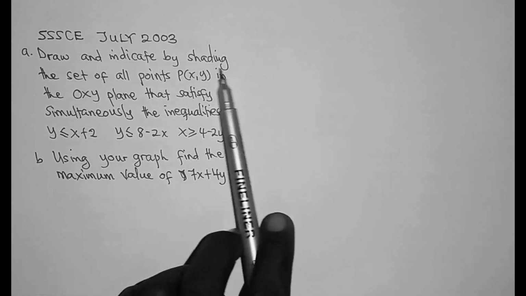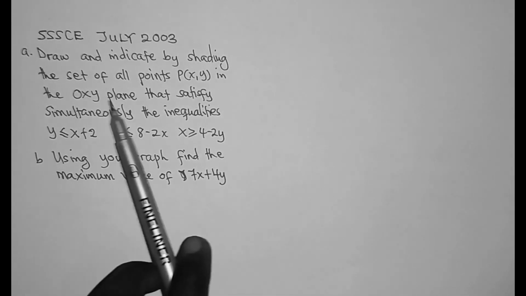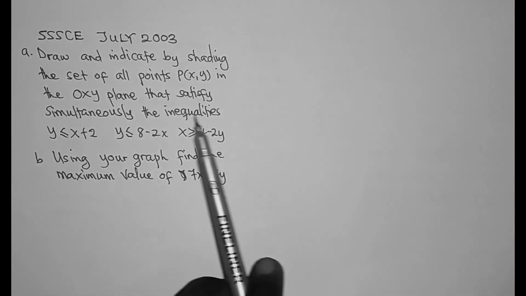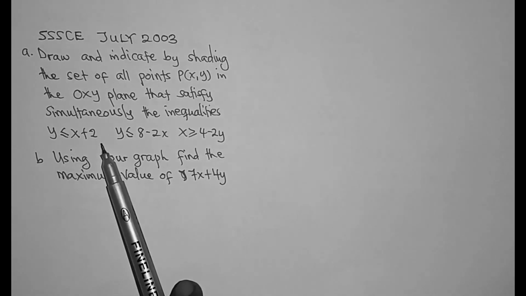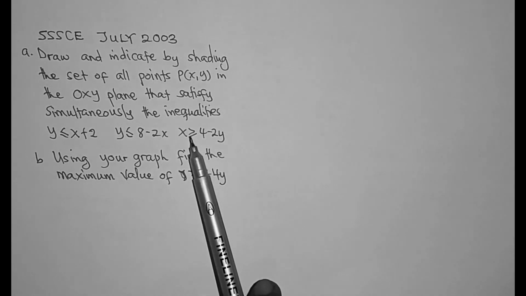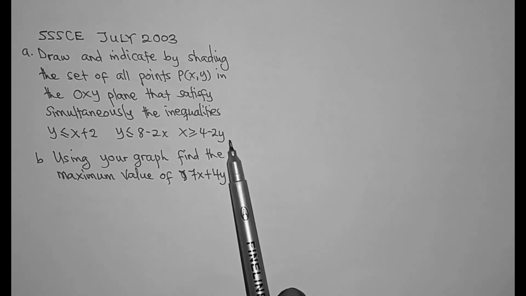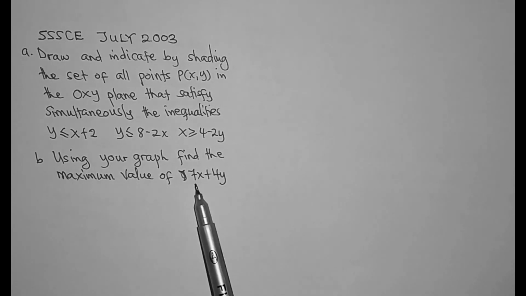Draw and indicate by shading the set of all points P of xy in the OXY plane which satisfies simultaneously the inequalities y is less than or equal to x plus 2, y is less than or equal to 8 minus 2x, y is greater than or equal to 4 minus 2y. Using your graph, find the maximum value of 7x plus 4y.